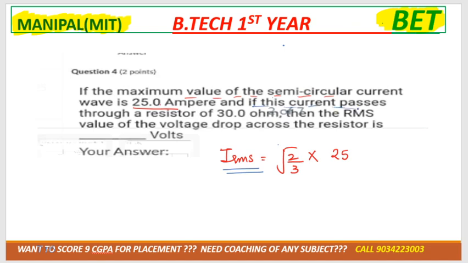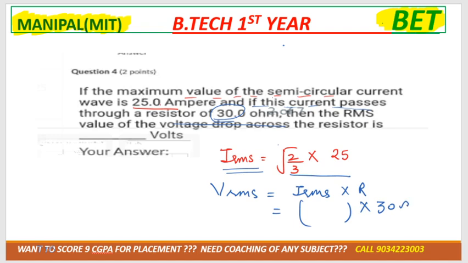And if this current passes through a resistor of 30 ohm, as you know, the formula is VRMS is equal to IRMS into R. IRMS we can obtain from here, the resistance is given as 30 ohm, then we can calculate the voltage drop across the resistor. That would be the voltage. Clear?